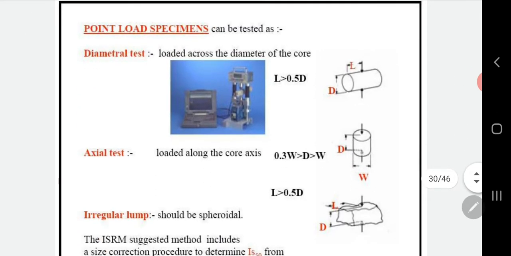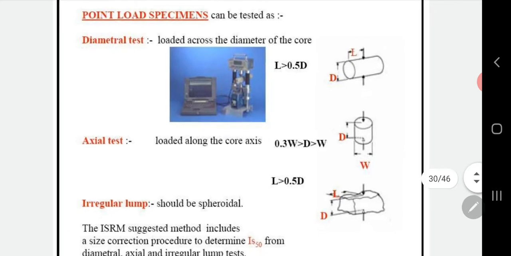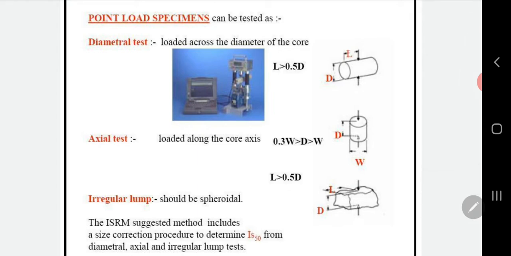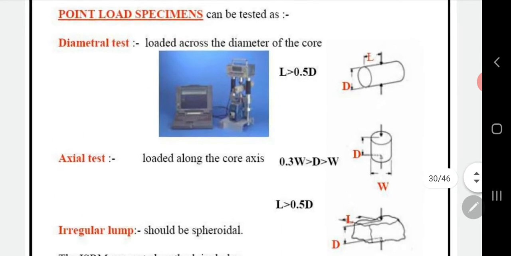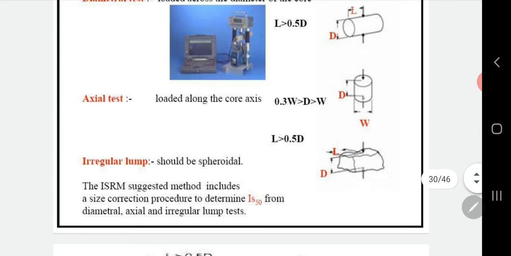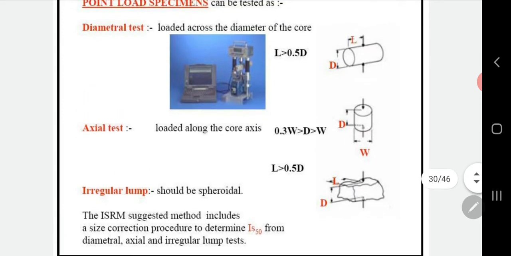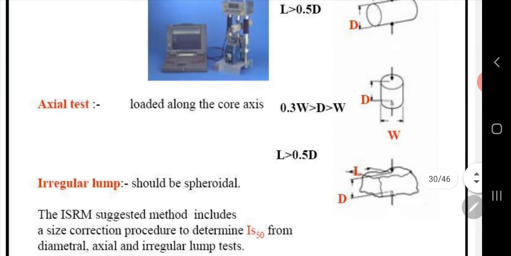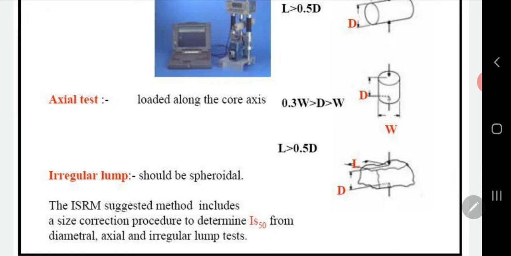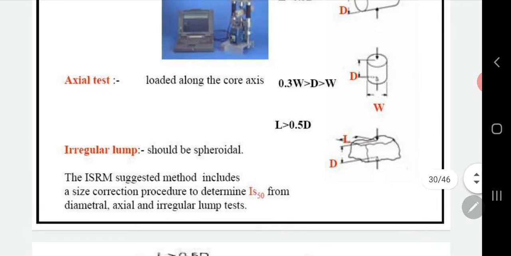Okay, the important thing during the point load test is that we need specific dimensions. If you have cylinder types of samples, you must make sure the length is more than 0.5 D, the diameter. If you load along the core axis, make sure the size is 0.3 W, more than D, the depth of the specimen, more than the width of the specimen.